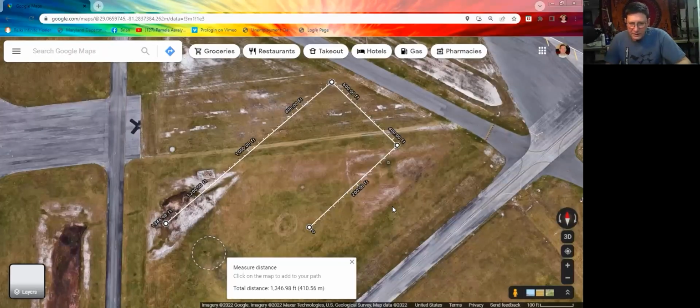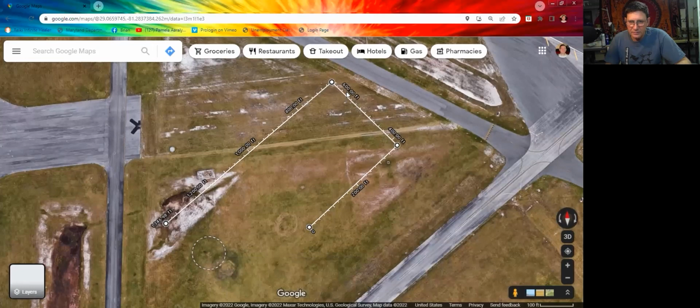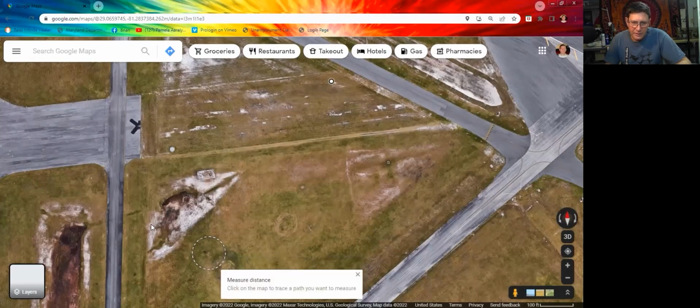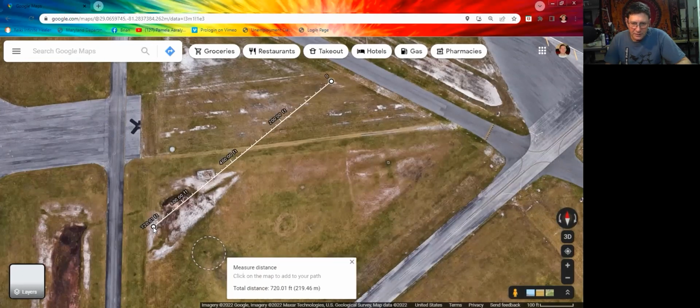All right. So let's see how long that is. Let's see, measure distance. So what did we say? 1125. So that's an awfully long downwind leg, isn't it?